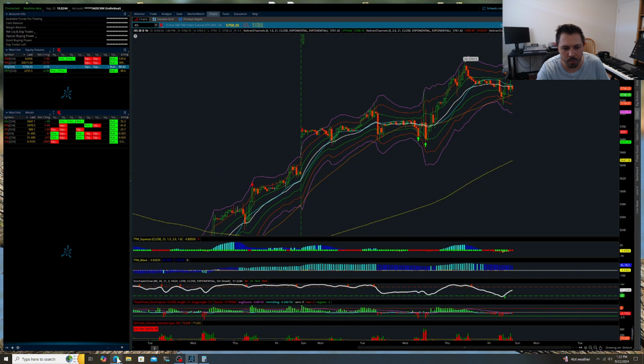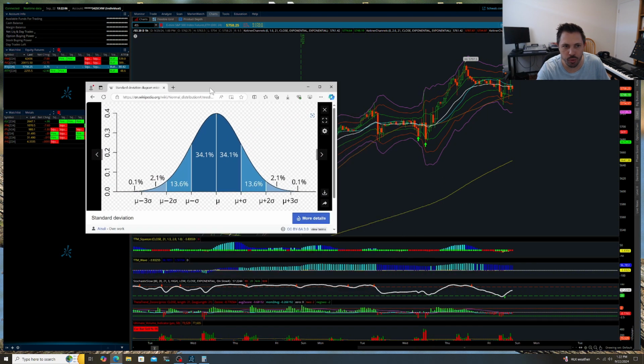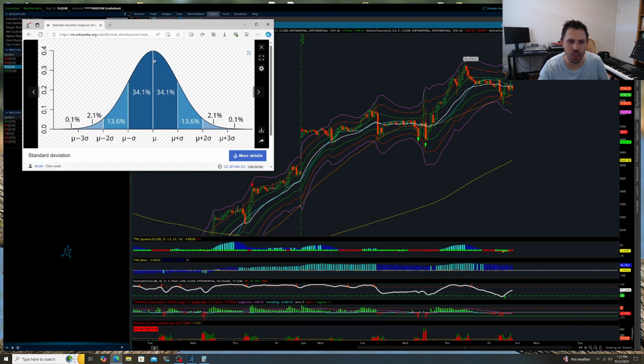So I want to bring up this image real quick to set the tone here. This is a standard distribution bell curve. We have one standard deviation right here, this dark blue area, two standard deviations, a lighter blue area, and then your three standard deviations way out at the end.